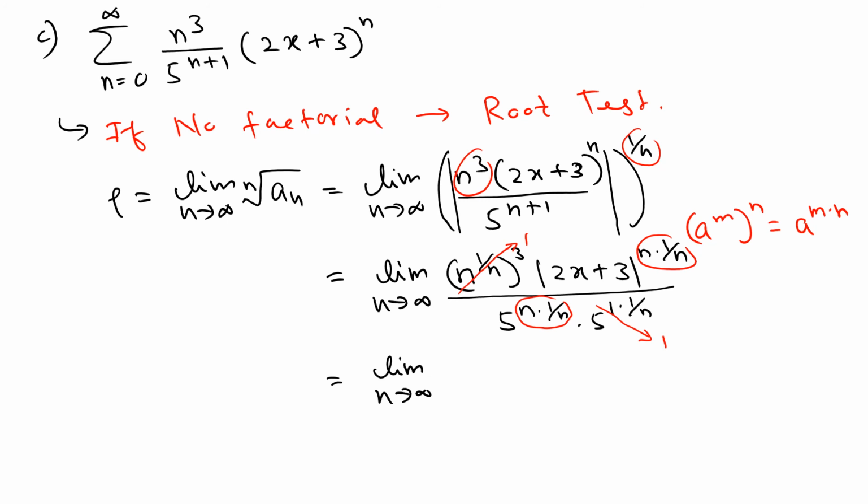Those are going to be 1. So we can disregard the limit now, and you will only end up getting 1/5 times 2x plus 3 to the first power. We don't write the 1, so that's what you get. You can see it's very simple. You don't want to write too much here because most of the limits are going to go to 1.